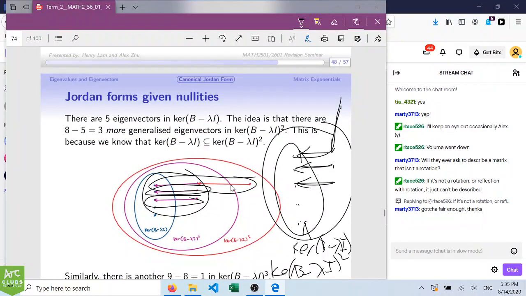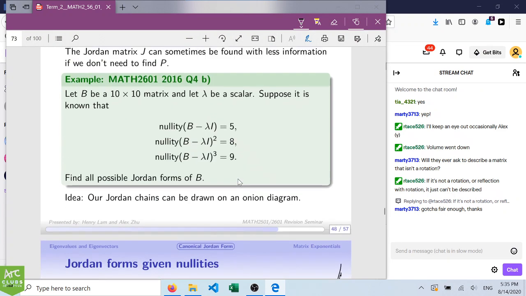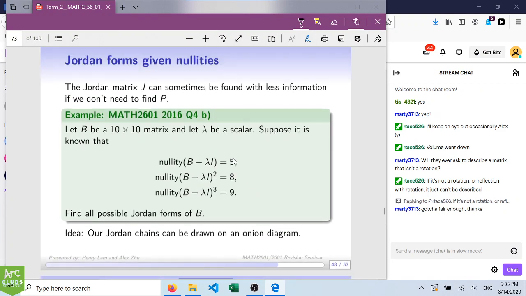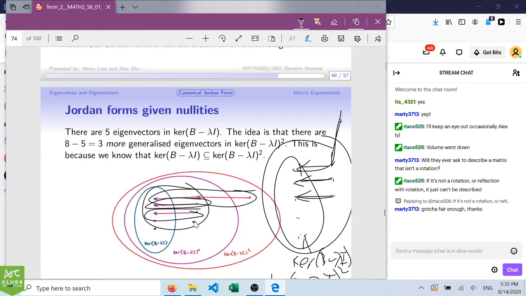So actually, you have to be super careful here. Can we have a new generalized eigenvector that's here? Well, let me take a step back.